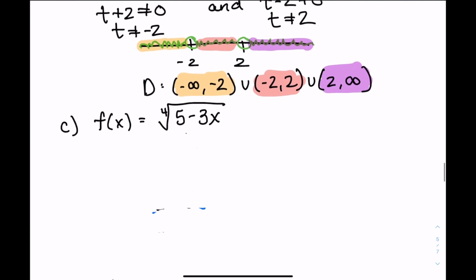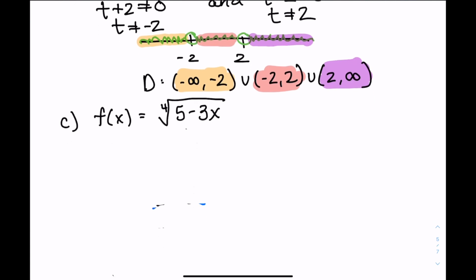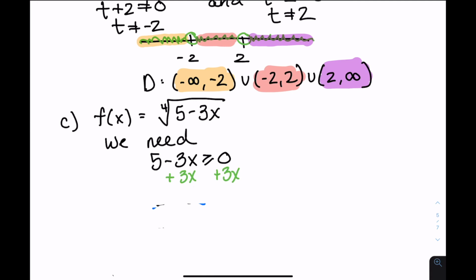If I look at f of x equals the fourth root of 5 minus 3x, that's an even root, so I can't take an even root of a negative number. So what we need is the expression underneath the radical to be greater than or equal to 0. Then I just want to solve for values of x that satisfy it. It's just linear, so you can directly solve for x. Let's add 3x to the other side.